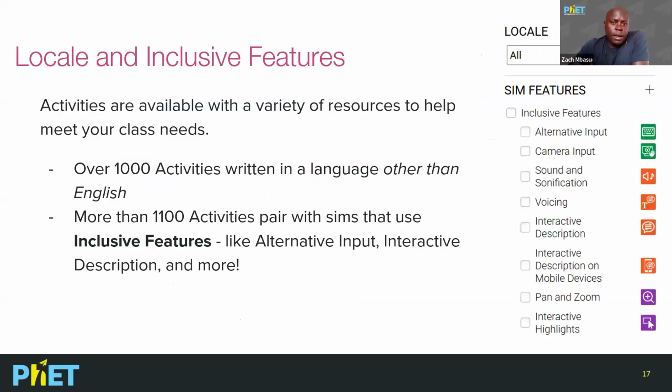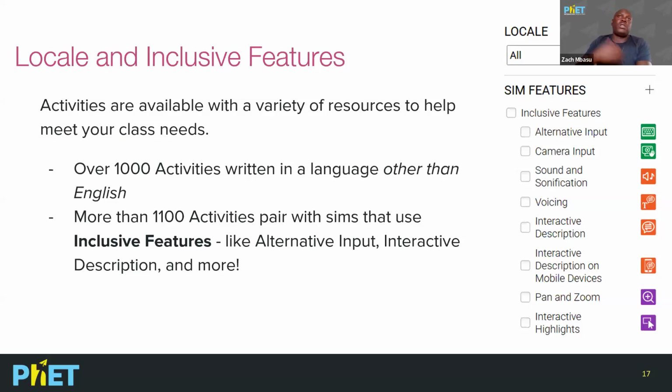And then just beyond the filters that I've shown, the activities database offers more ways to refine your search. You can find activities written in languages other than English. We have over 1,000 of such activities. You can also filter for activities that pair with the sims that use inclusive features.